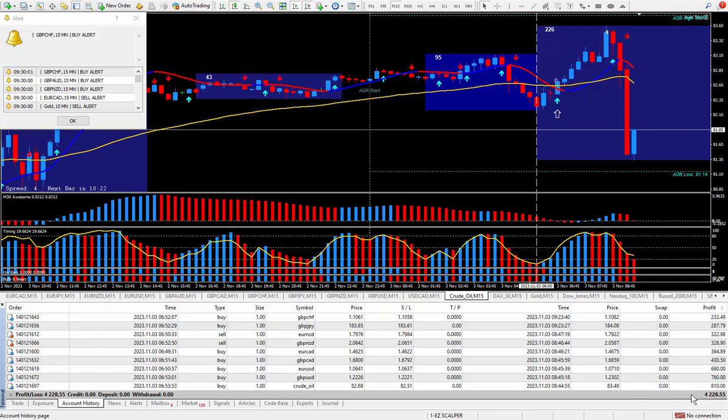I added up all the pips and the ticks, and I knew it was going to be way over 200. Grand total came to 505 pips and ticks, and that paid out $4,228.